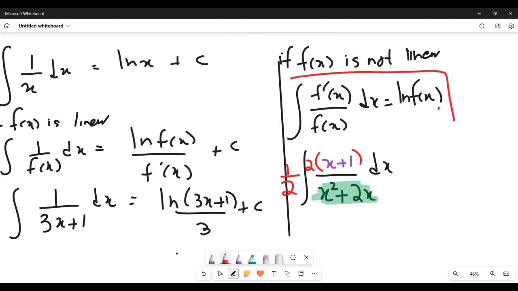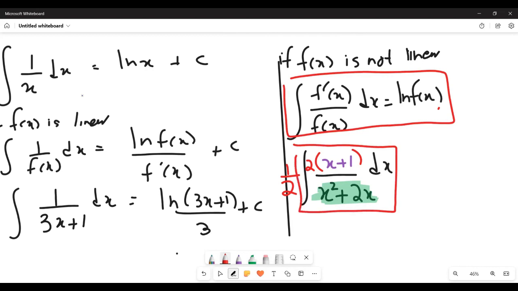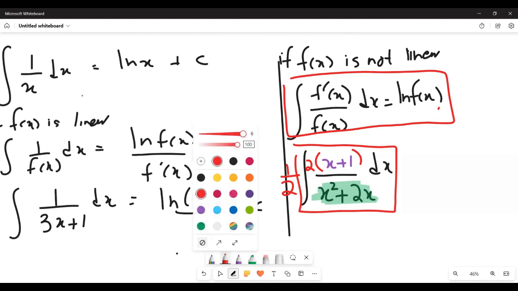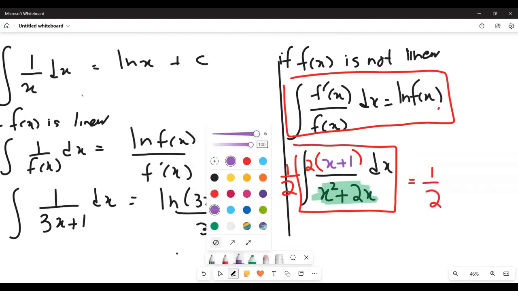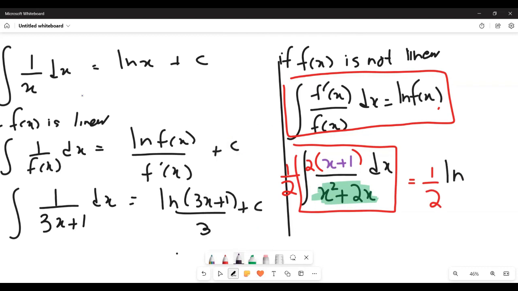And now you can apply this formula on this. The denominator has fx and the numerator has f prime of x. So we can apply this formula and there's a half outside and we get ln fx as a result of integration. Ln x square plus 2x plus c.